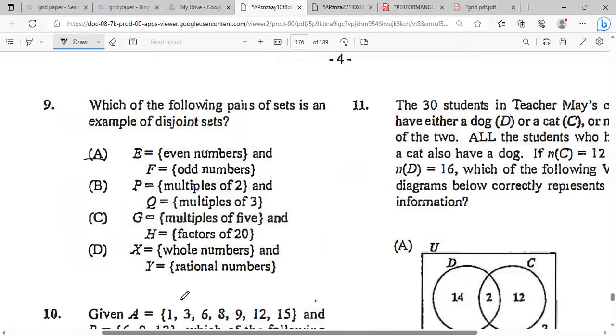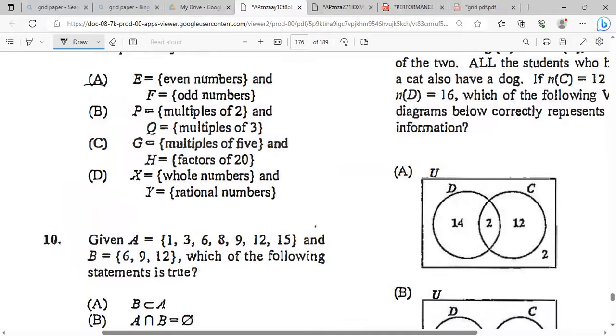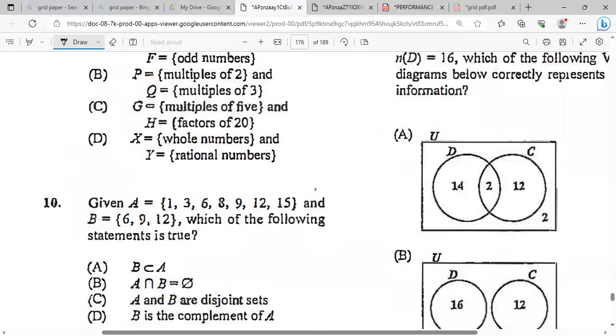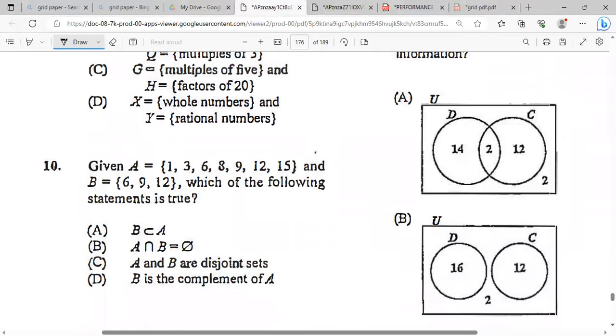All right, let's move on to number 10. If A is the set containing 1, 3, 6, 8, 9, 12, and 15, and B is the set containing 6, 9, and 12, which of the following statements is true? B contains A. That is a lie, no?